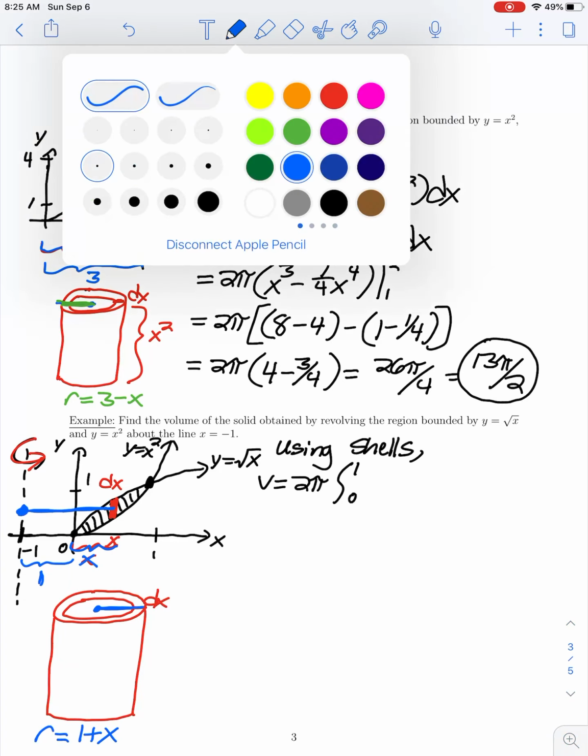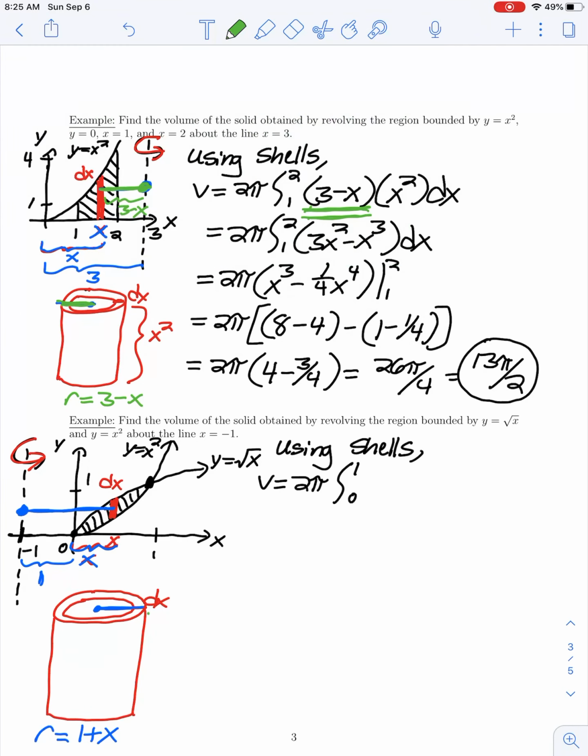And now let's think about the height of our cylinder. The height of this cylinder is going to be given by the height of our strip here, which is bounded above and below by two functions. So the height, or the distance between those curves, is going to be given by the difference in the upper curve, which was y equals the square root of x, minus the lower curve, which was y equals x squared.